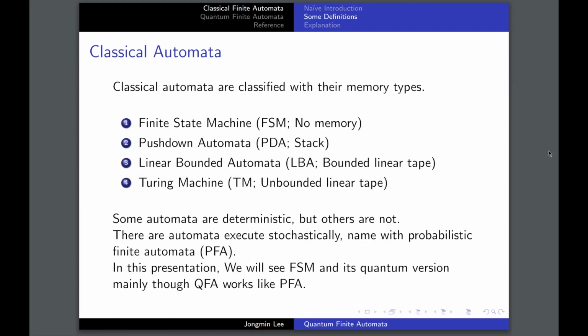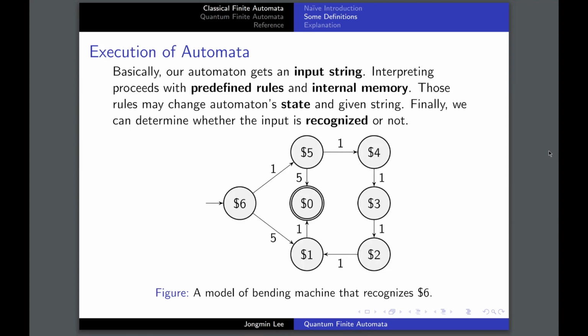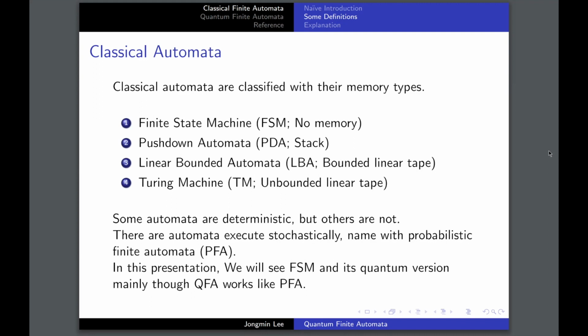And the classical automata are classified by their memory types. The previous example has no memory, and that is a finite state machine. There are some automata with stack memory, which are called pushdown automata.